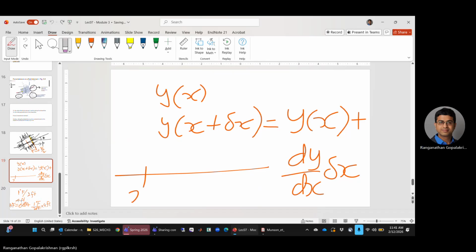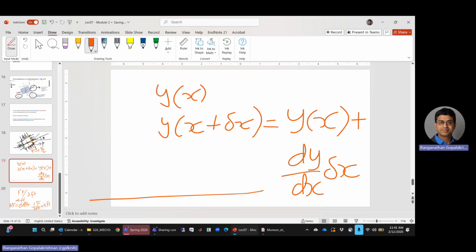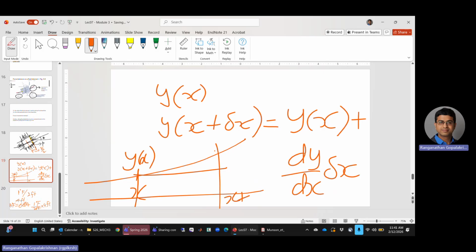All right, let's start over. So I'm asking, this is my function. If this is x, this is y of x. What is the value of the function at x plus delta x, which would be this triangle?